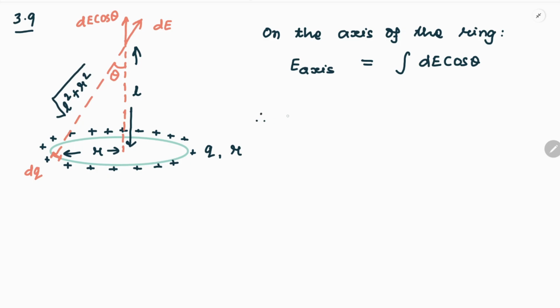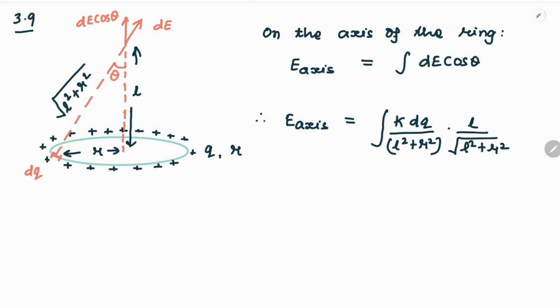So therefore the electric field on the axis of the ring can be written as the integration of k dq by distance squared. So this distance squared is equal to L square plus R square, and followed by this we have a cos theta term. So cos theta can be written as L upon root over L square plus R square.